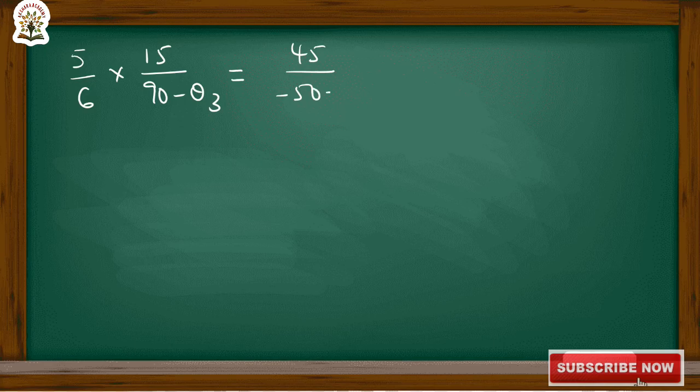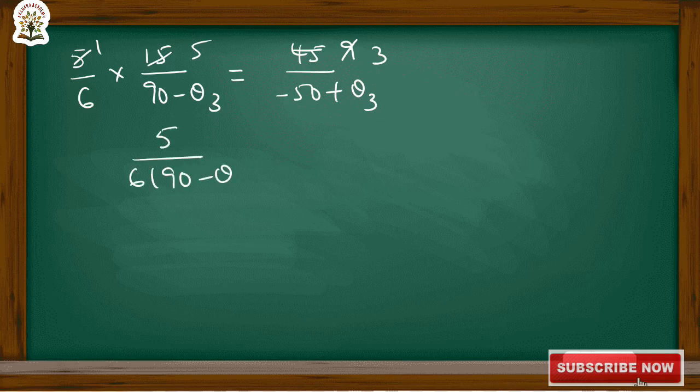Next we are writing 5 by 6 into 15 by (90 minus theta 3) is equal to 45 by (minus 50 plus theta 3). See here, 5 ones are 5, 5 nines are 45, and 3 fives are 15, 3 threes are 9. So we are getting 5 by 6 into (90 minus theta 3) is equal to 3 by (minus 50 plus theta 3).